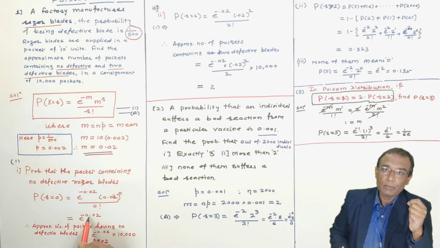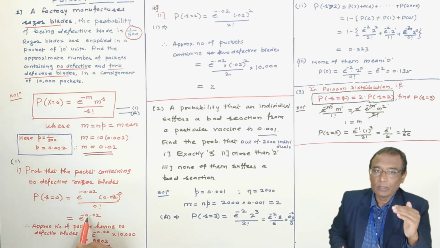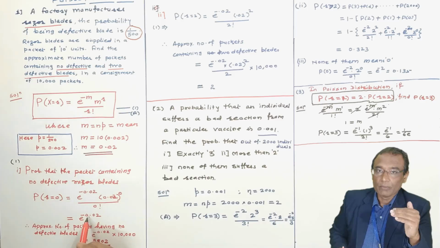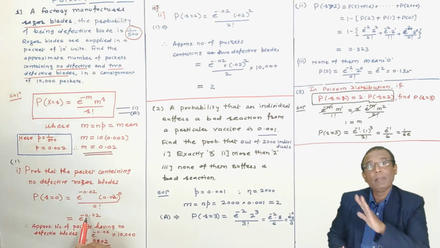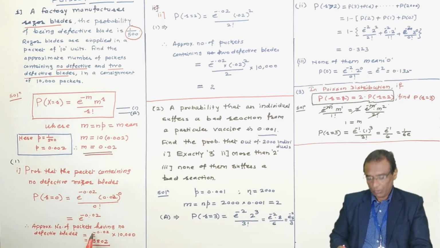But in the consignment of 10,000 packets, we have to find the number of packets in which no defective blade is there. The approximate number of packets having no defective blades is this multiplied by 10,000, because this probability we have calculated for a single packet.